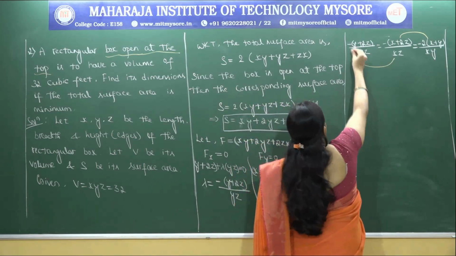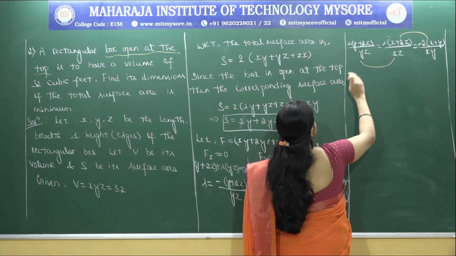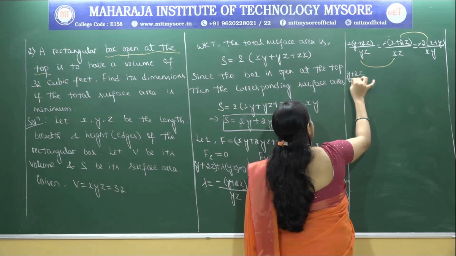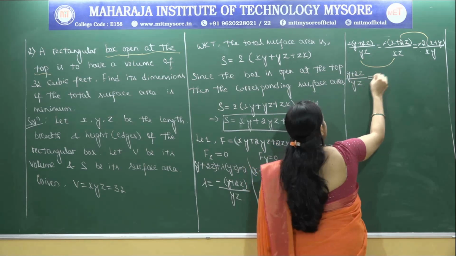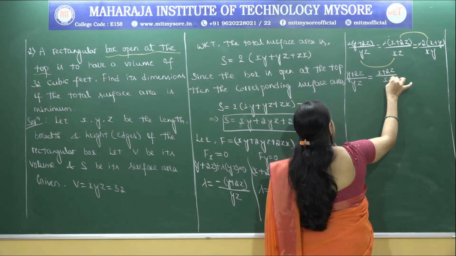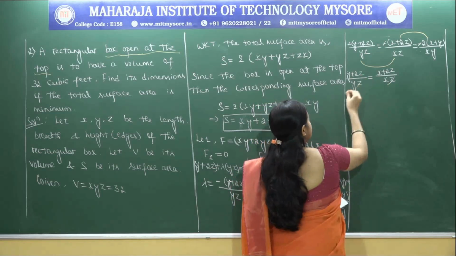So the first one, by cancelling this negative sign, equate these two. So (y plus 2z) divided by yz equals (x plus 2z) divided by xz. Here z and z cancel. Then cross multiply the terms.